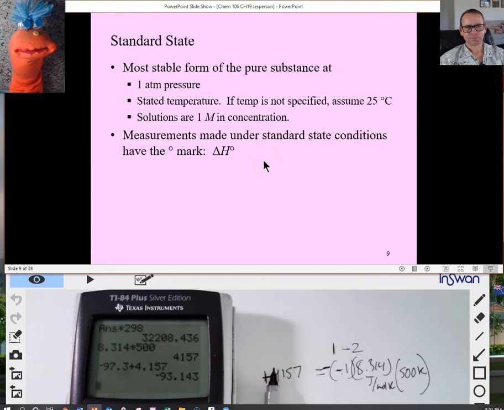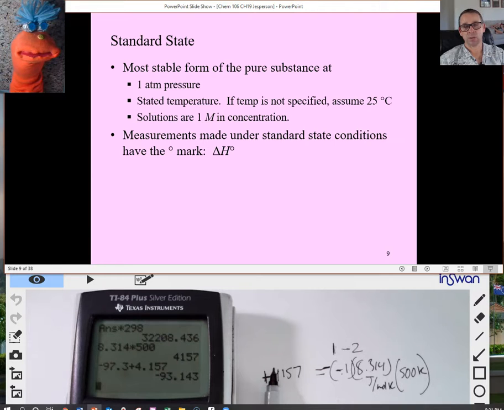Now, we have a definition called standard state, which is essentially the standard condition at which we speak of chemicals. When we speak about chemicals, we talk about them in their standard state. So, for example, if I want to talk about oxygen gas, its standard state, this is just our definition, is 1 atmosphere of the material at the stated temperature, whatever it is.